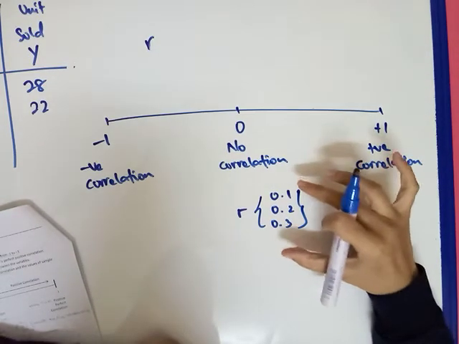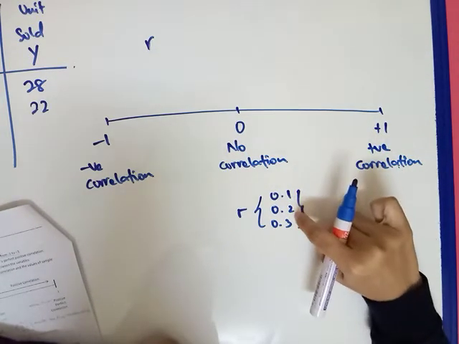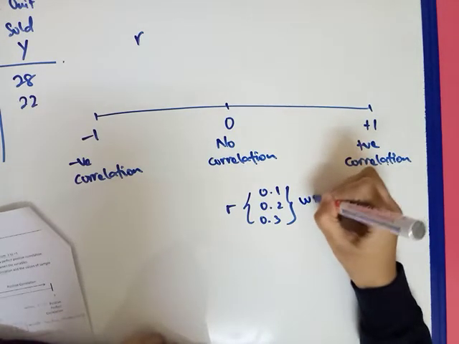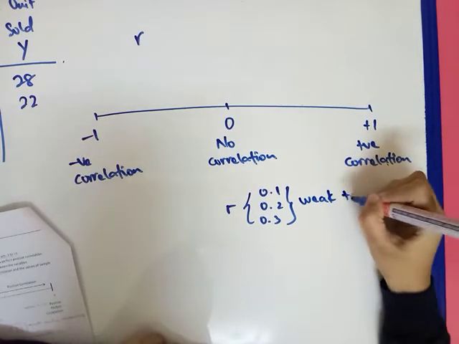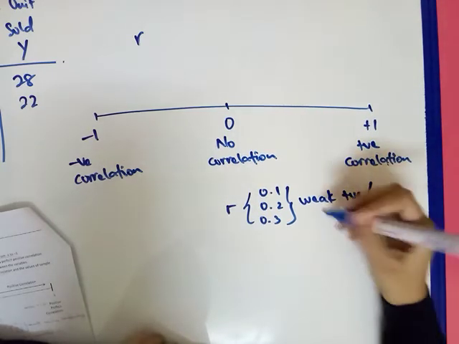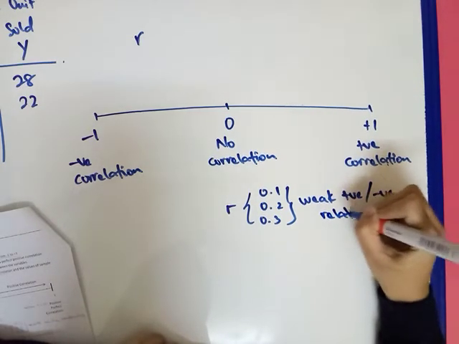Okay, when you get the value R as 0.1, 0.2, 0.3, it is called weak, whether it is a positive or negative relationship. Okay, it is called a weak relationship.